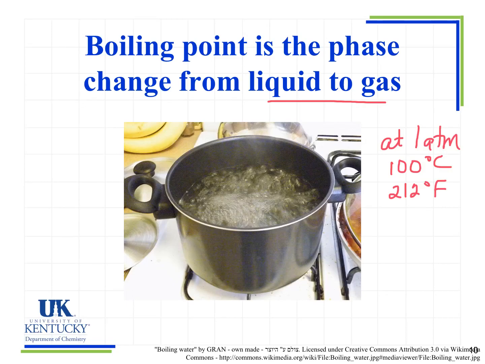But that's only at 1 atmosphere. If we lower the atmospheric pressure, say putting it under a vacuum, we will have a lower boiling point. So whenever we're looking at properties of substances, we can't say it's a fixed temperature. We have to know at what pressure it was determined.